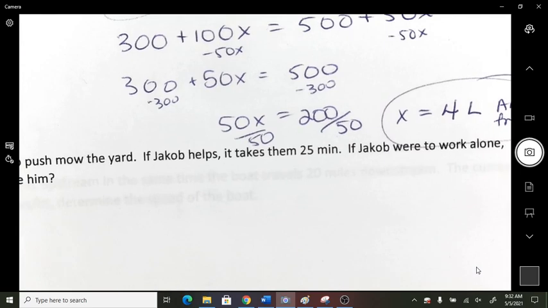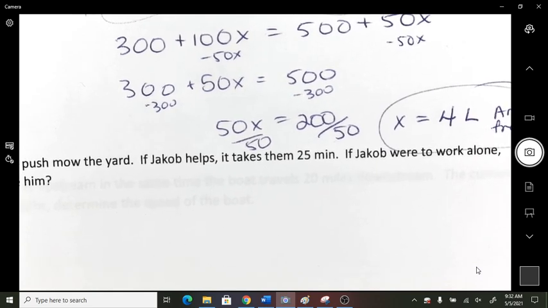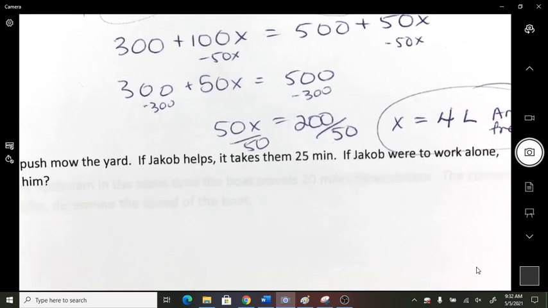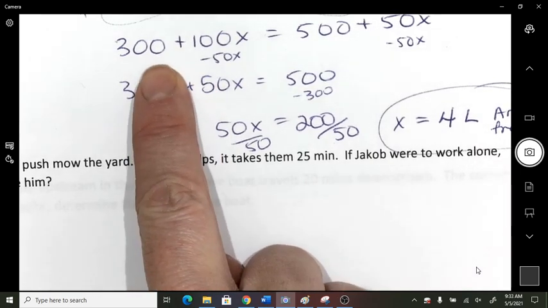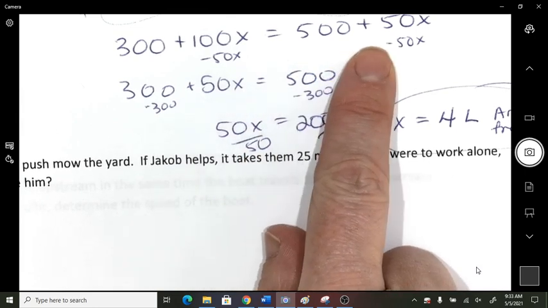Okay, so how's it going? Did you come up with 4 liters of antifreeze you're going to dump in? Sam, did you get that? You're giving me some eyes. Did you get this line, the 300? 100x is 500 plus 50x?